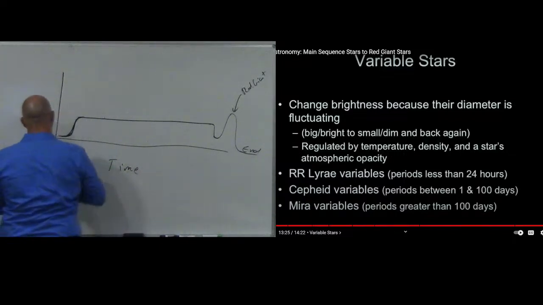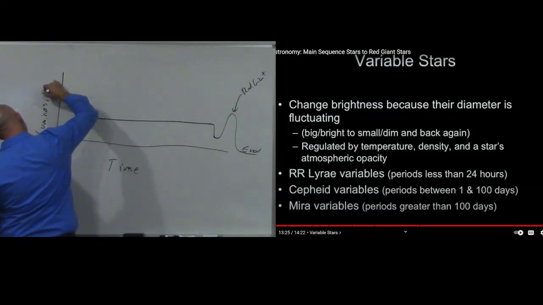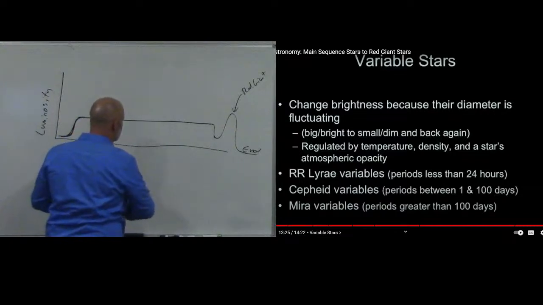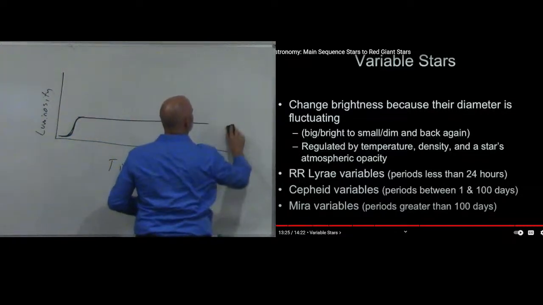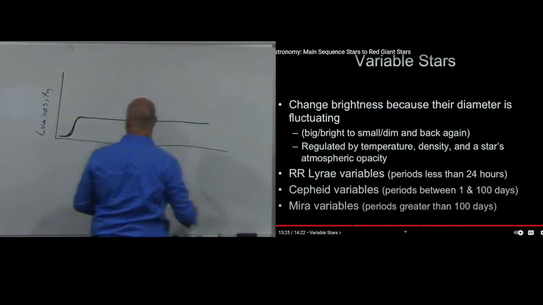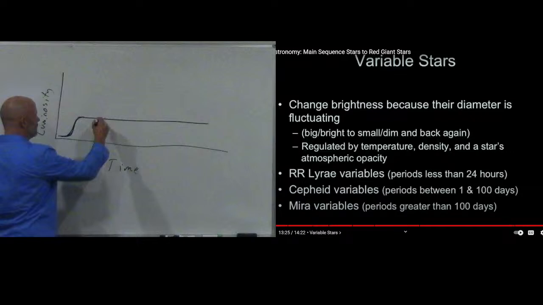Let's do luminosity. We're going to do it for a star like our sun. Start off gas, get up to nuclear fusion. Most of your life is spent on the main sequence.